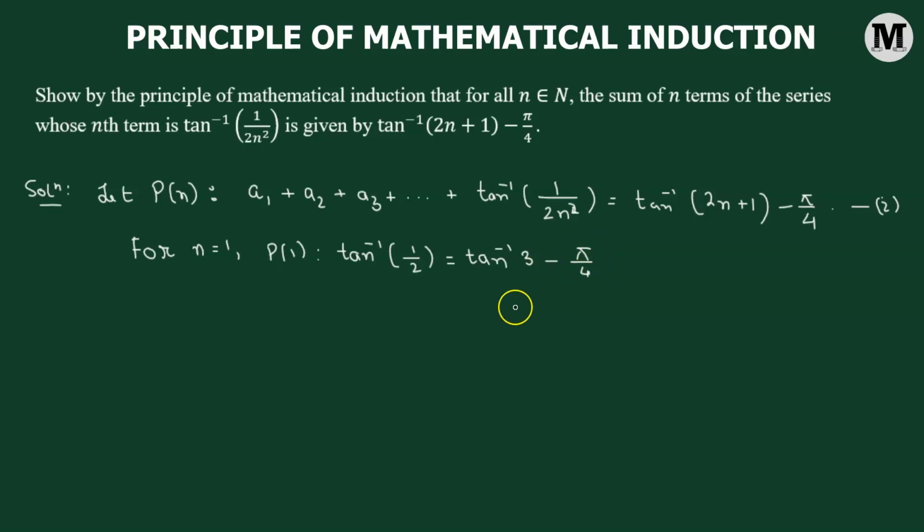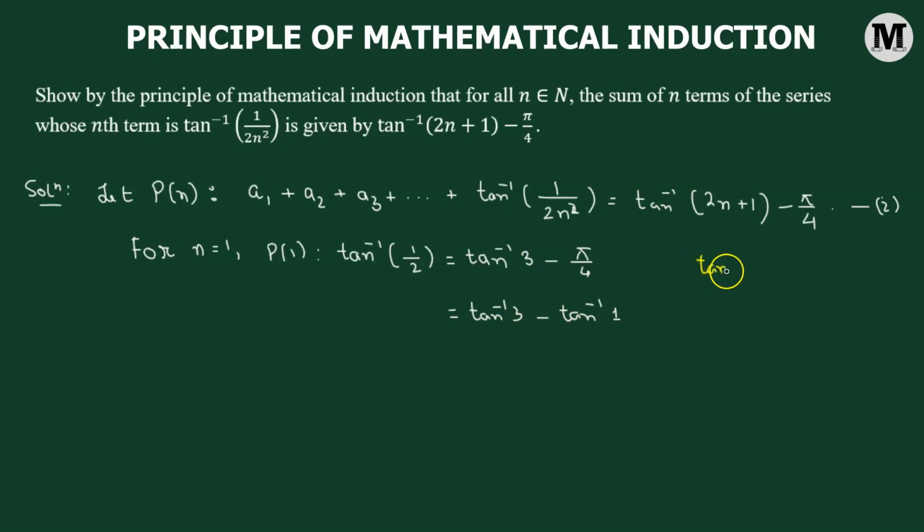However, we have to further simplify to make sure that the left hand side equals the right hand side. So let's work with the right hand side. Here we have tangent inverse of 3 minus the second term, which is pi over 4. But pi over 4 can also be expressed as tangent inverse of 1. Now we have the difference of two tangent functions. There is a standard formula for combining them.